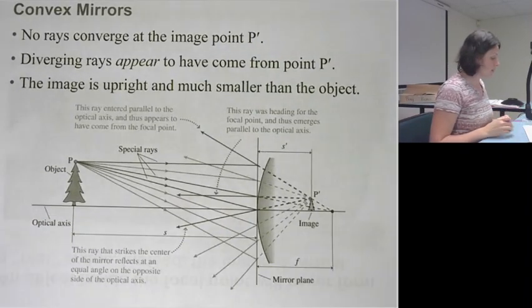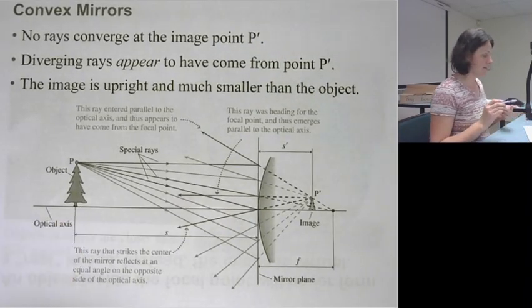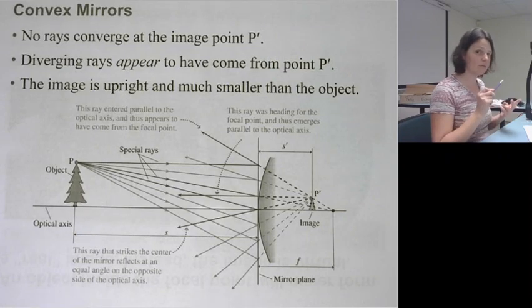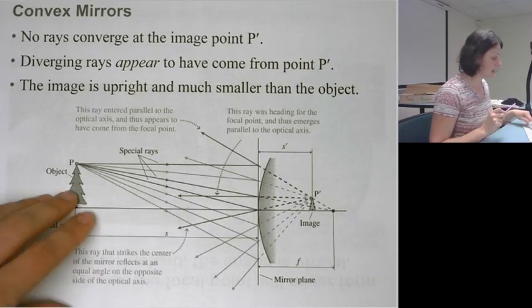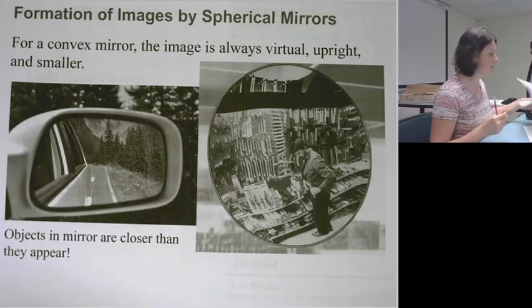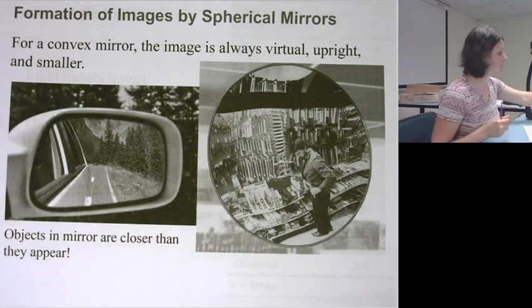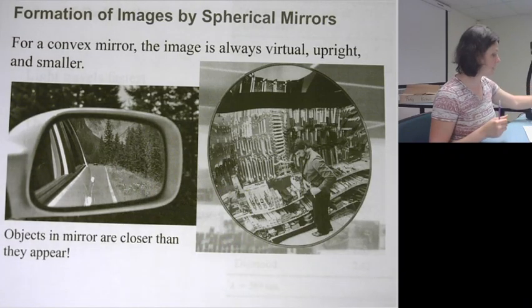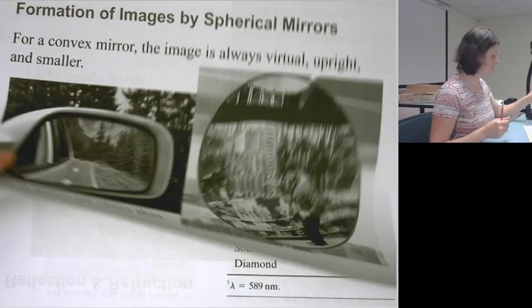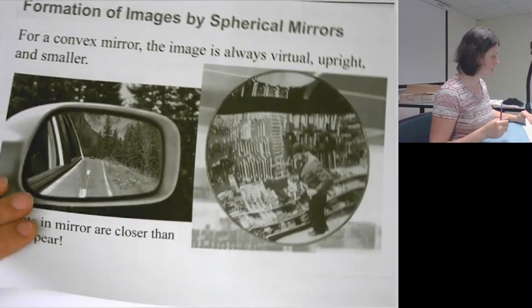Okay, so we've got concave mirrors and convex mirrors, and we've got some examples of what we do with them. And now I think we are ready to do some more concrete examples.